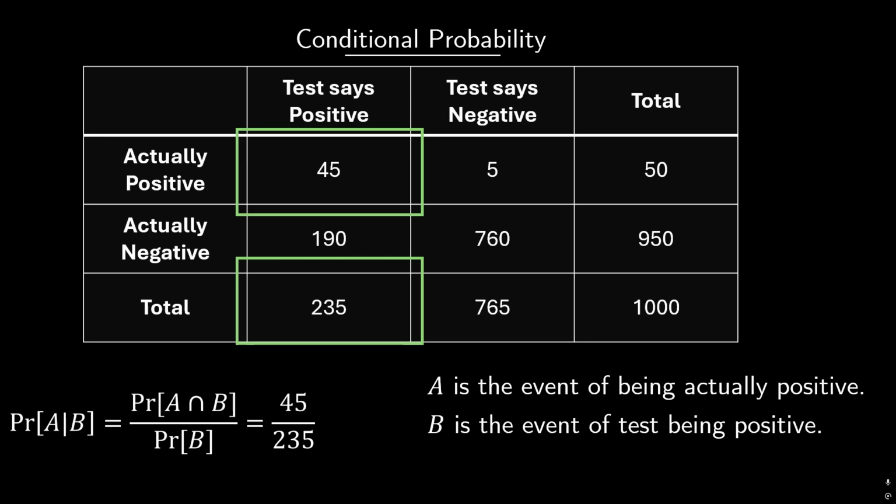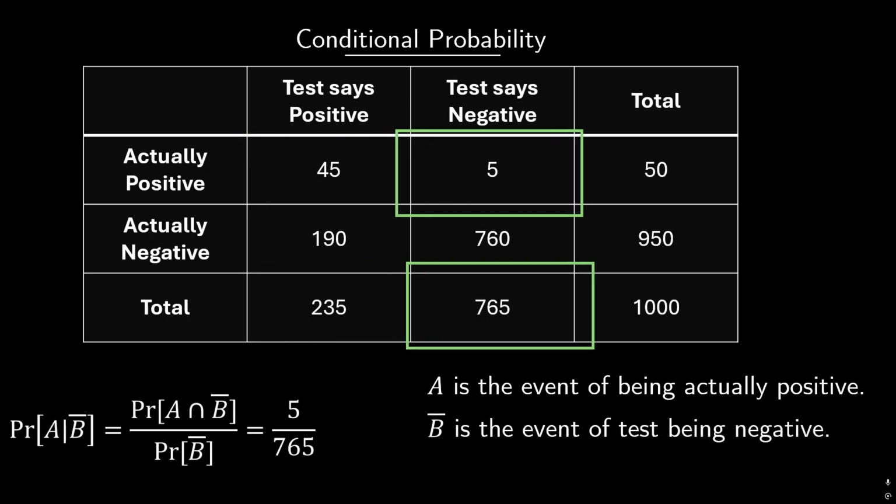So that's 45 divided by 235. Right? So again, very similarly, if I wanted to say that we know for a fact the test said negative, what is the probability that we are actually positive? Then this would just be finding the number of actually positive people, that happens to be 5, and dividing by 765, which is the total number of people that the test said negative to.